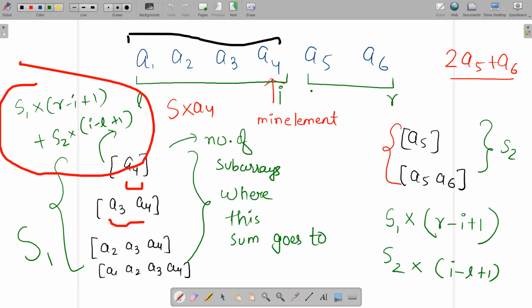And why am I going to do that? Because as I've already said, we are going to extend the subarrays ending at A4 to either end at A4, or end at A5, or end at A6. Basically we are calculating the lengths, how much we are going to extend it.